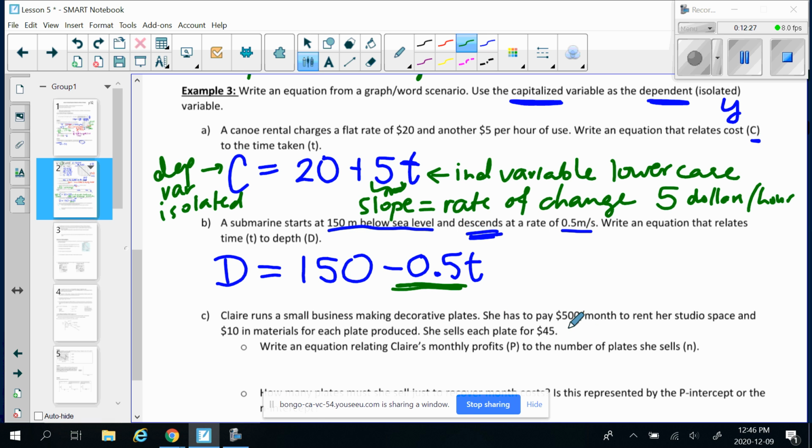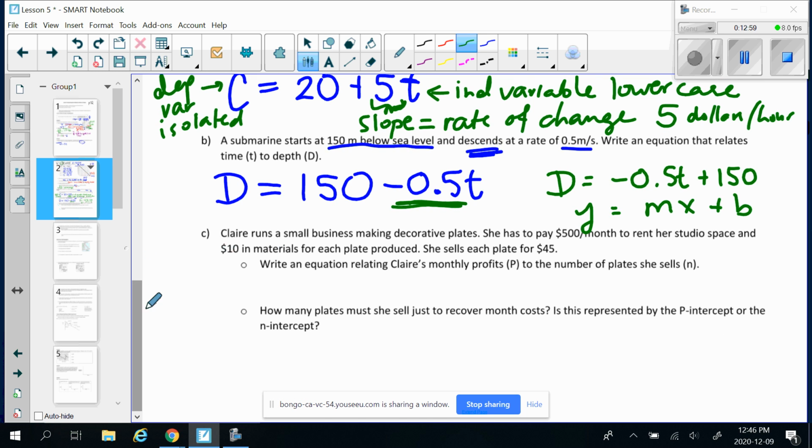Now, some people would have written this as d equals negative 0.5t plus 150. That's the same thing. They're both fine. But this one looks more like your y equals mx plus b because the slope is here. See what I'm saying? And then you can see very clearly that the y-intercept is 150. That would be your vertical intercept.